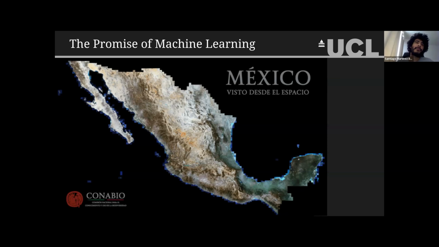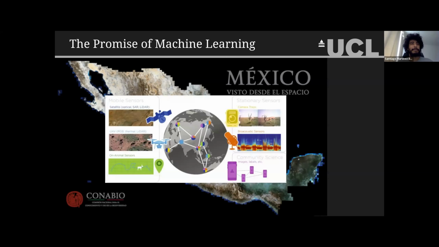And I entered this team as a data scientist. I was kind of tasked or thinking about increasing the capacity of the Mexican government to do monitoring at the national level, and through different tools. Although I was inserted into the team that was doing bioacoustic monitoring.